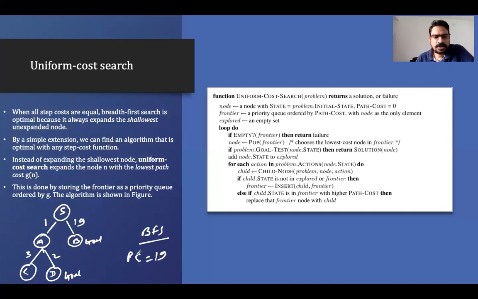Now, is this an optimal solution? No. The optimal solution is this one with the path cost of 3. As you can see, this is the goal, and this is also a goal. It means that from here to the railway station, we have different paths. Which path will be the optimal path? How will you get to know?